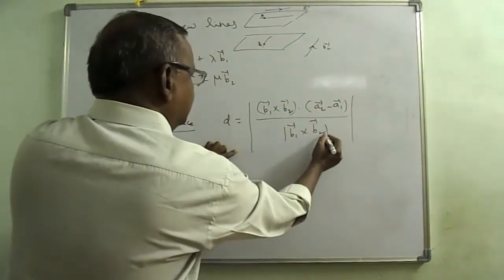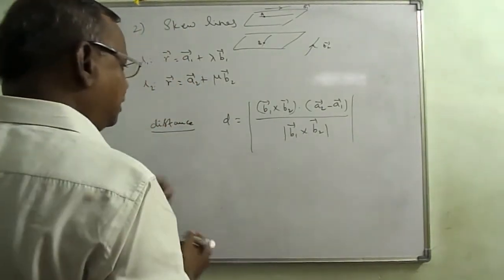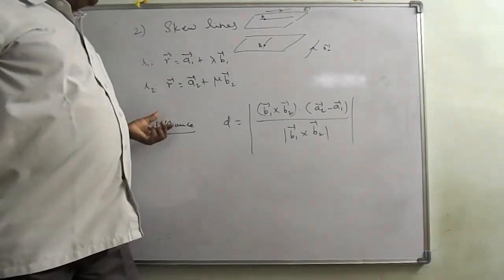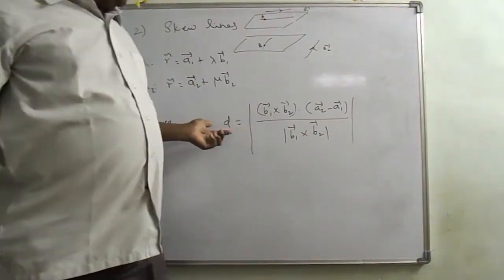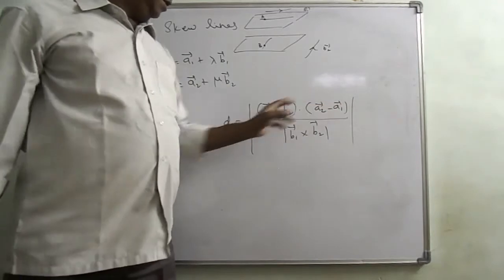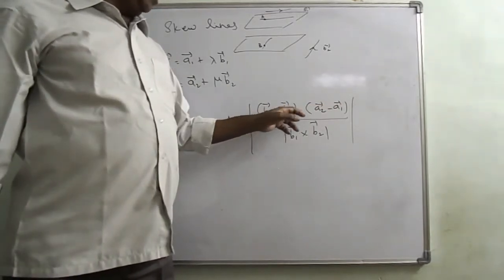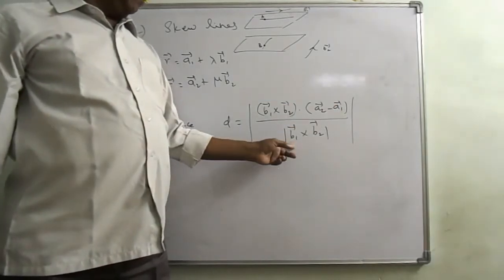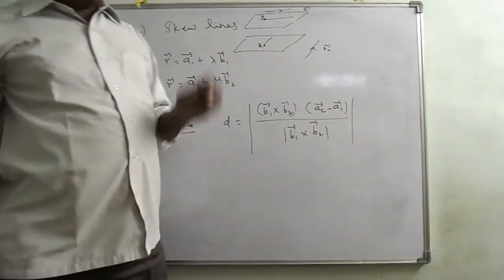So this is the formula for finding the shortest distance between two skew lines. Therefore, the distance D is given by modulus of B1 cross B2 dot (A2 minus A1) divided by modulus of B1 cross B2.